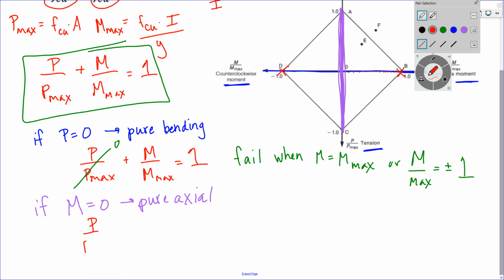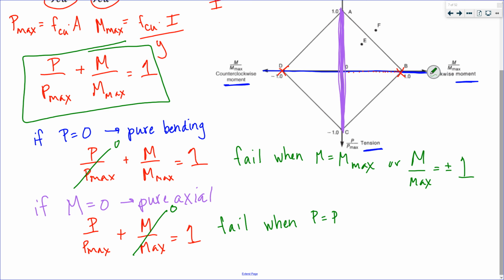P over P max plus M over M max equals 1. Let's see. This is now 0. Fail when P equals P max, or P over P max. I should say M.